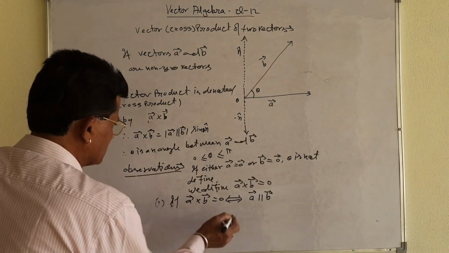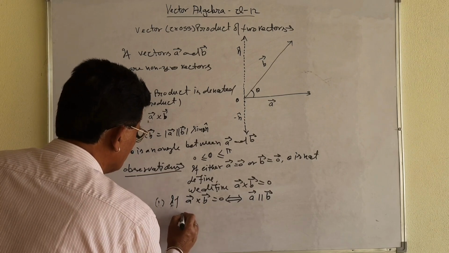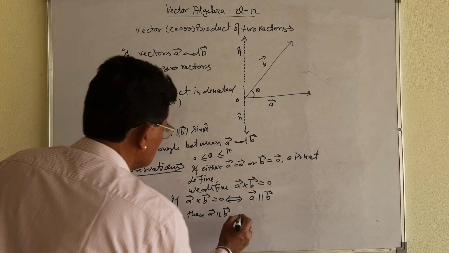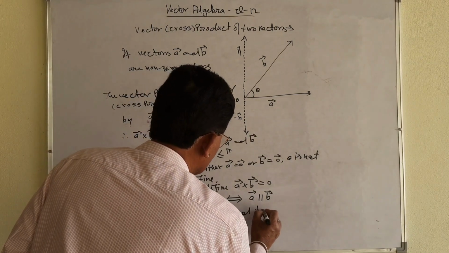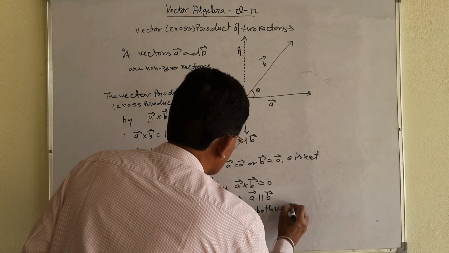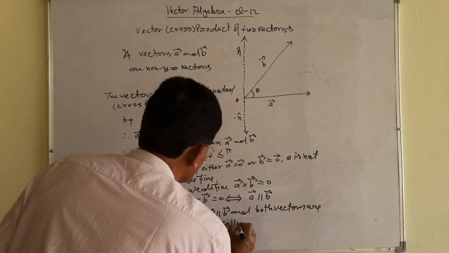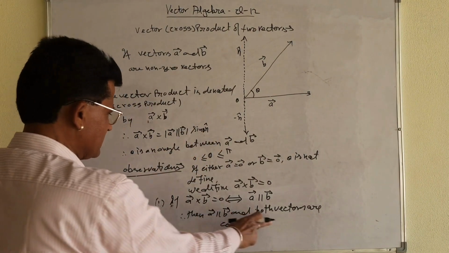So therefore I write it in words. If this is equal to 0, then vector A is parallel to B and both are collinear. Both vectors are collinear. They will be parallel and collinear.